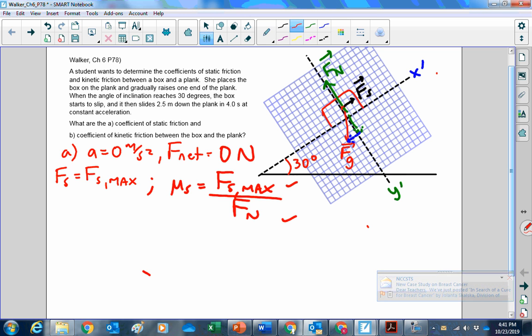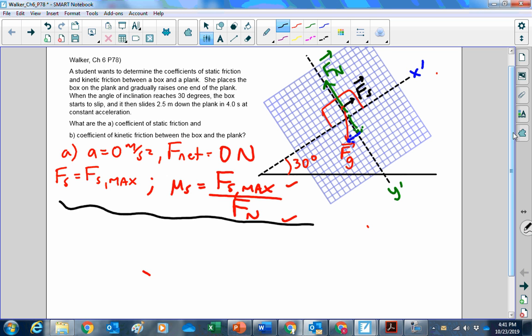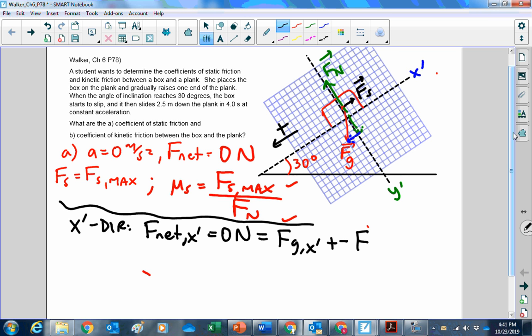So let's start with the x direction. In the x prime direction, I know the net force is 0, and therefore if I call this the positive direction, I have Fg,x prime plus negative Fs equals 0, which means those two magnitudes are equal.